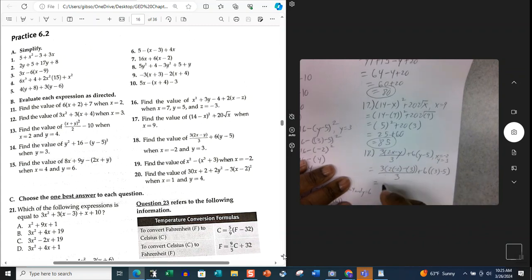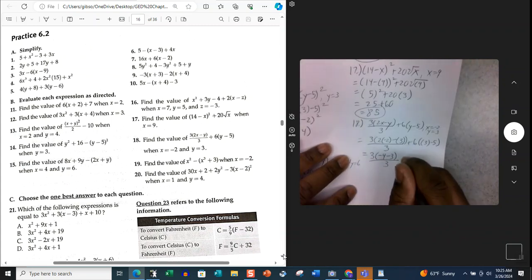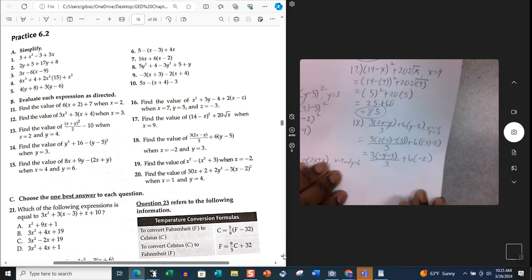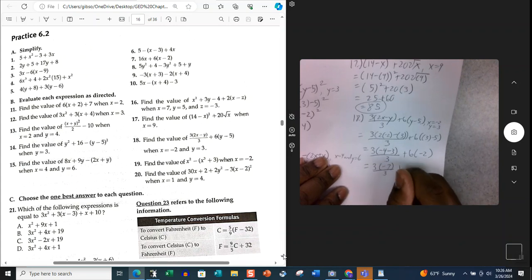So now 2 times negative 2, remember we do what's in parentheses first. 2 times negative 2 is negative 4 minus 3 all over 3 plus 6 times, in this parenthesis, 3 minus 5 is negative 2. So now we had 3 times a negative 4 minus 3 is negative 7 all over 3.